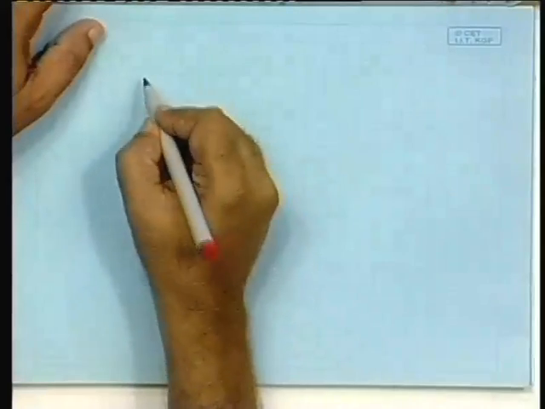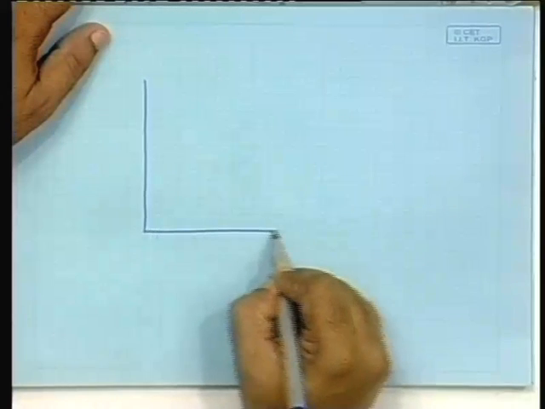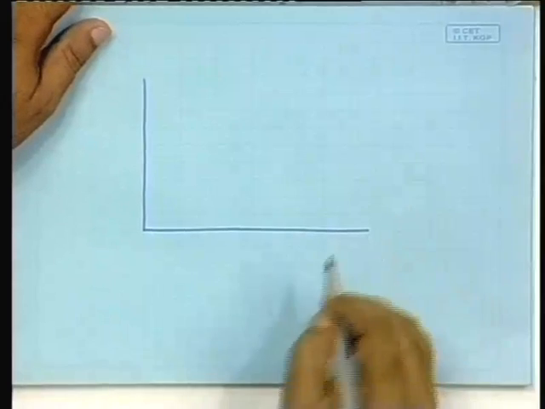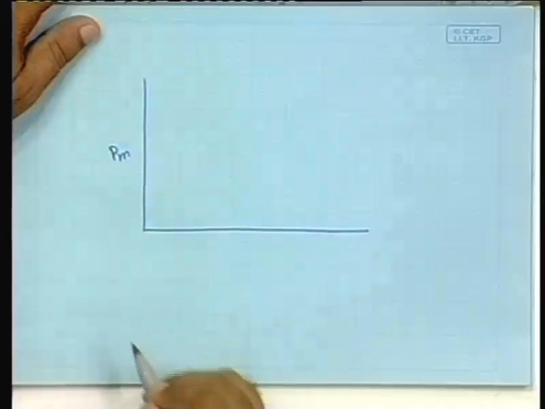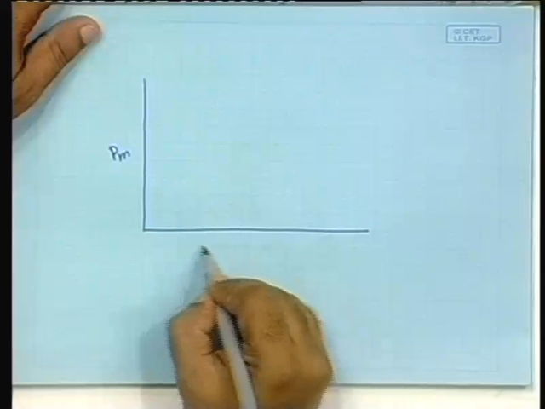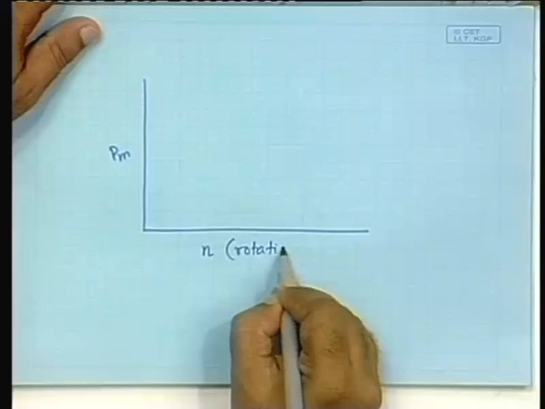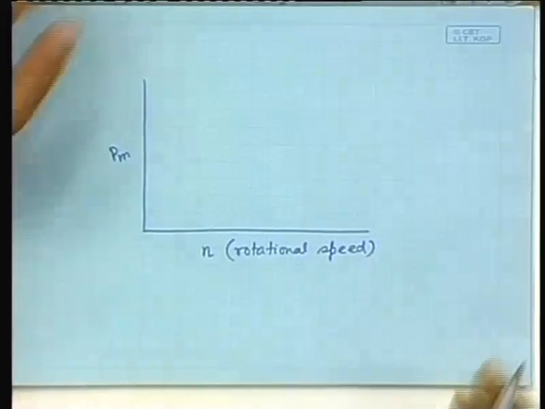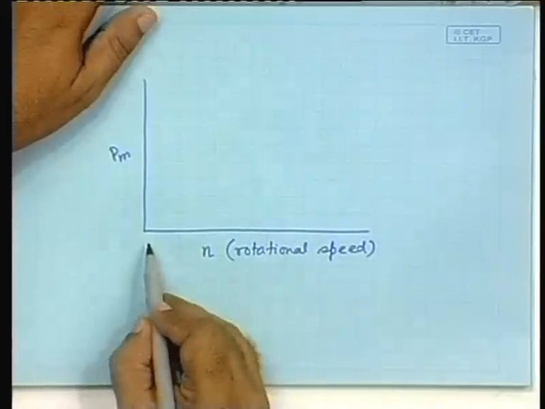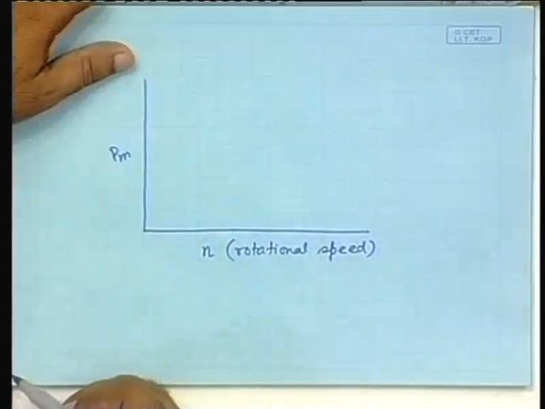So now we are trying to construct a characteristic where Pm is here and here is n, the rotational speed. Let us go by logic. What will be the power produced at 0 speed? 0. So, it must start from here.